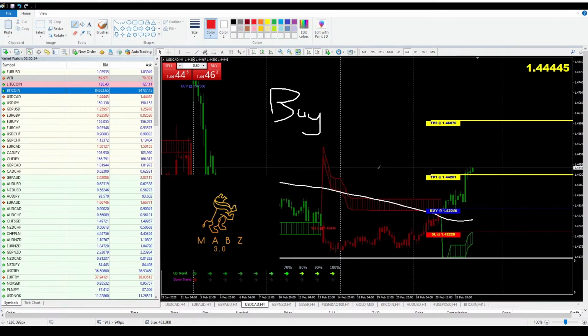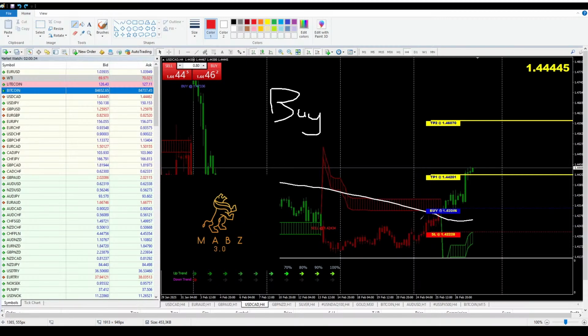Now, guys, the first thing you need to notice is this white line that I'm drawing on top of right there. You see this white line, guys. That white line moving with the price is the first thing that we need to notice. So what's important about this line?